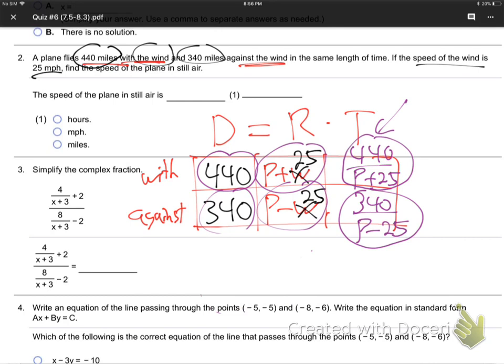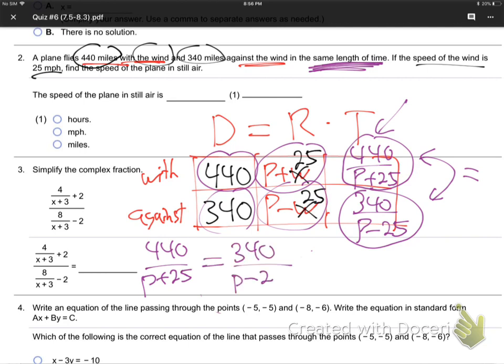Okay. So I solved for T. I found T because it's D over R. There's a relationship between those. Now, what do I do now? Same length of time. That means these two are equal. I'm going to write 440 over P plus 25 must equal 340 over P minus 25.